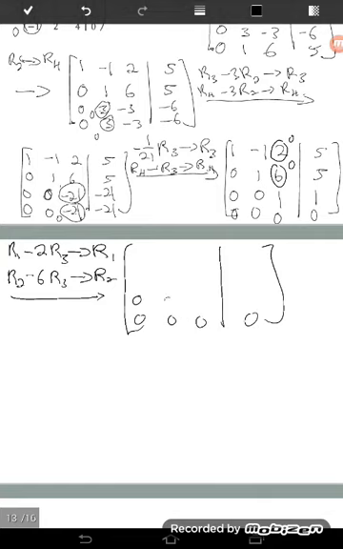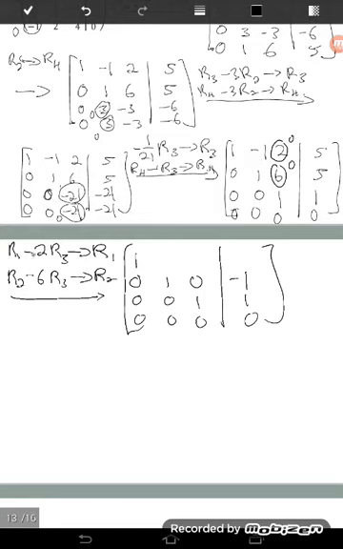Third row also didn't change. Okay, so second row, row number 2 minus 6 times row number 3, so 0 minus 6 times 0, 0. 1 minus 6 times 0 is 1. 6 minus 6 times 1, 0. 5 minus 6 times 1, negative 1. Row number 1: 1 minus 2 times 0, 1.